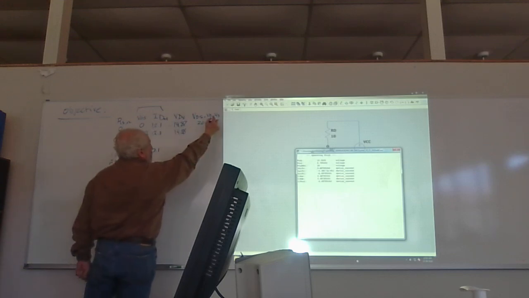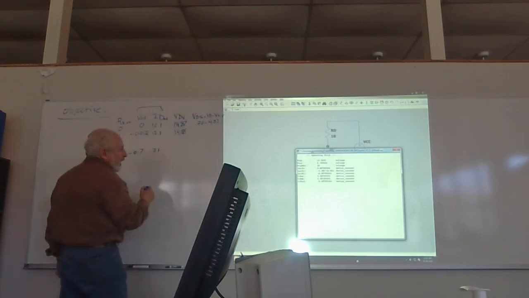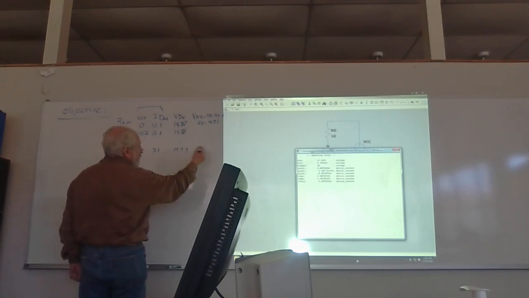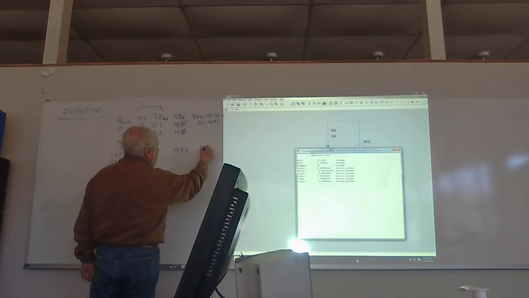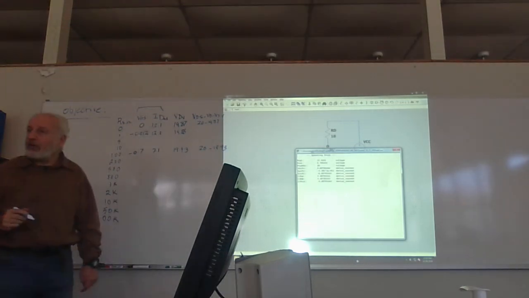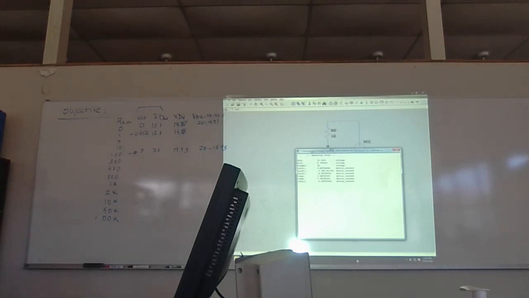This is in volts, and this is in volts. And this one is at 19.92 or 93, and you can figure out 20 minus 19.93 is VDS. Does that make sense?